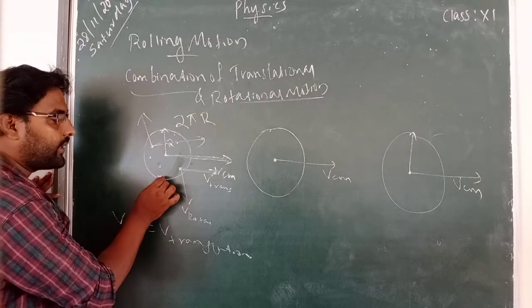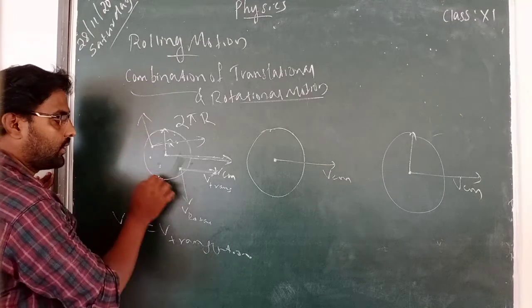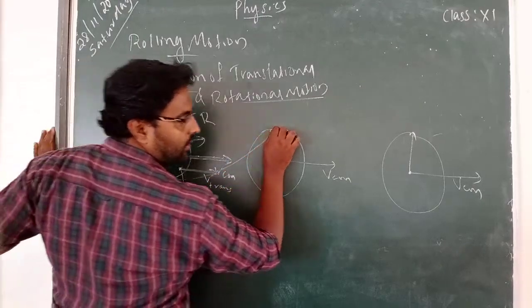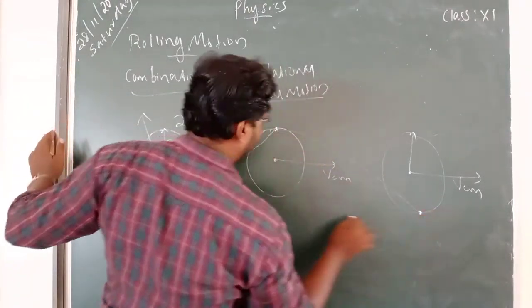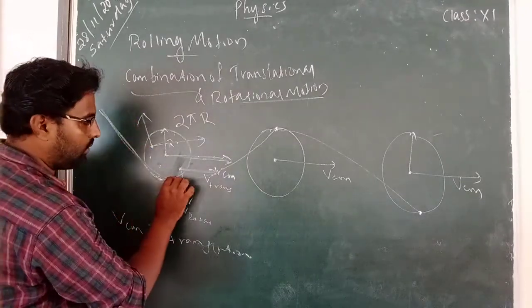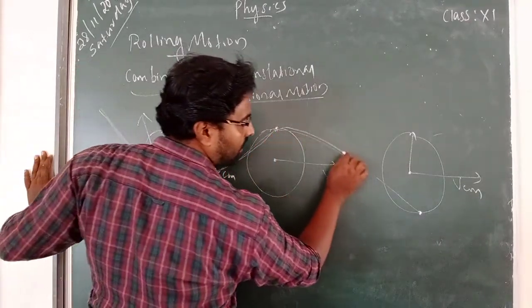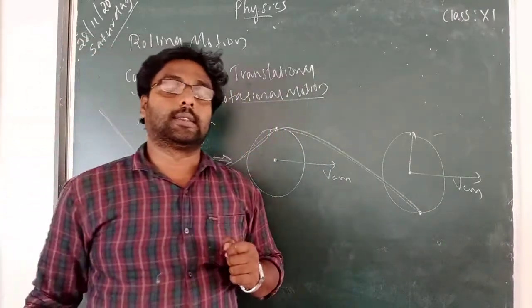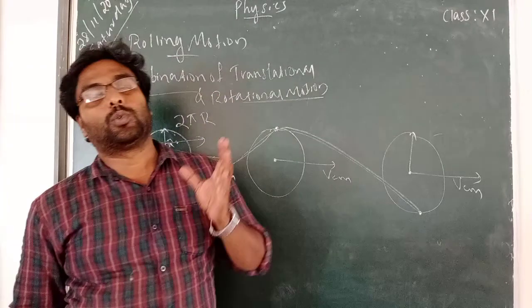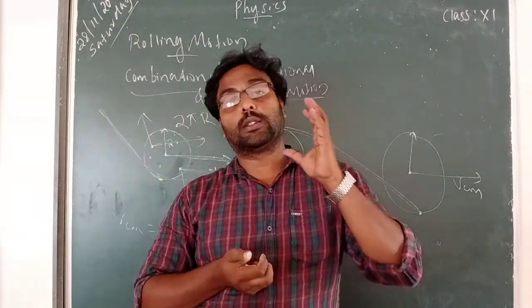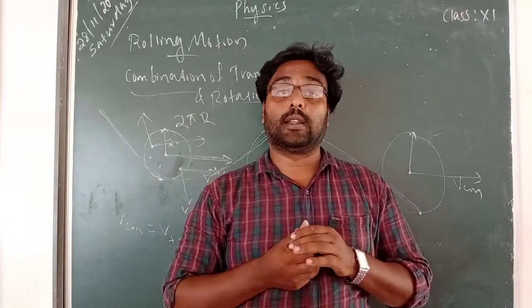The remaining points at the edges move like a cycloid. This is the motion which the points at the edges show. So remember this point: here we are studying the combination of translational and rotational motion.